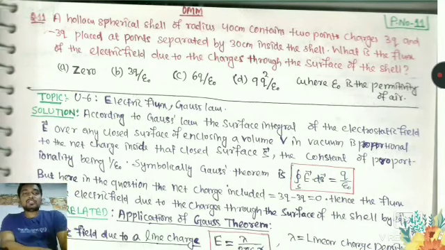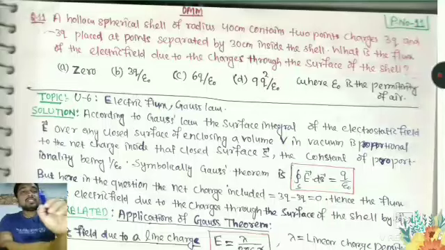According to Gauss law, the surface integral of the electrostatic field E over any closed surface enclosing a volume V in vacuum is proportional to the net charge inside that closed surface, the constant of proportionality being 1 by epsilon naught. This is the formula: closed integral of E dot ds over a closed surface S is equal to Q by epsilon naught. Q is the total net charge enclosed by the surface.